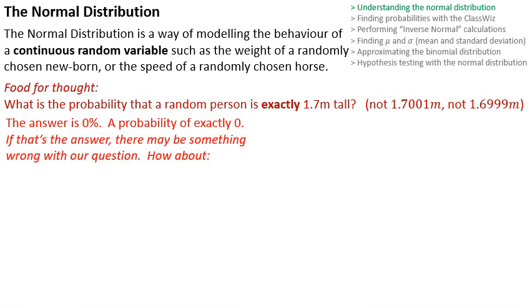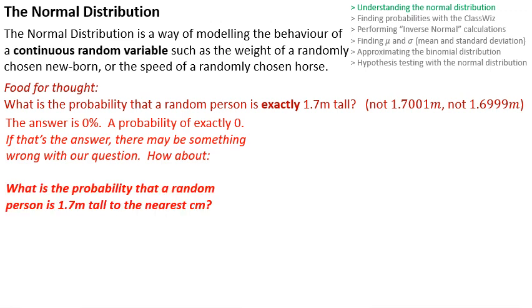So if the answer to the question is so nonsensical, then something is wrong with the question. Something about what we're asking doesn't make sense. We shouldn't be asking whether a person is exactly 1.7 meters tall, because it doesn't really make much sense to ask that question. What about, what is the probability that a random person is 1.7 meters tall to the nearest centimeter? And that's probably what you would naturally assume somebody means if they say, are you 1.7 meters tall?